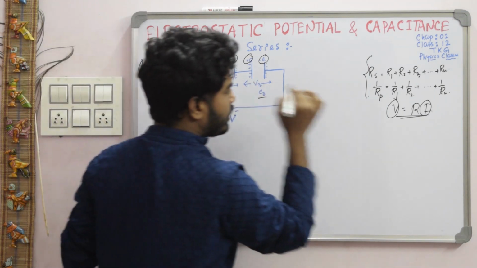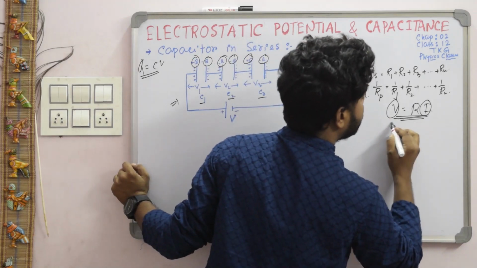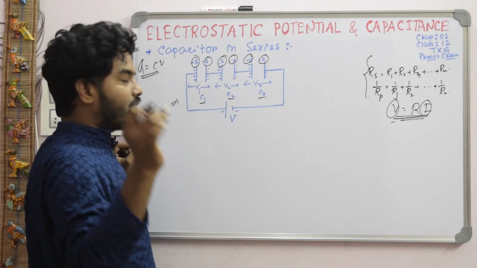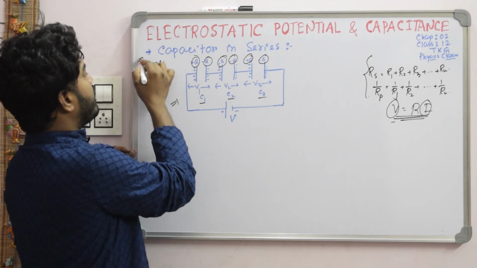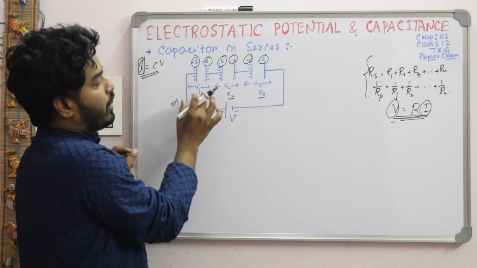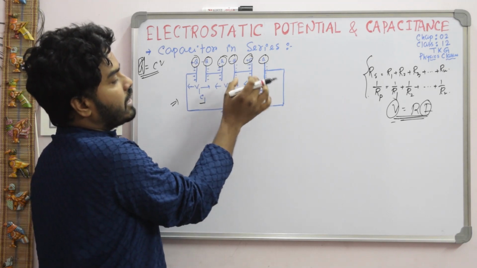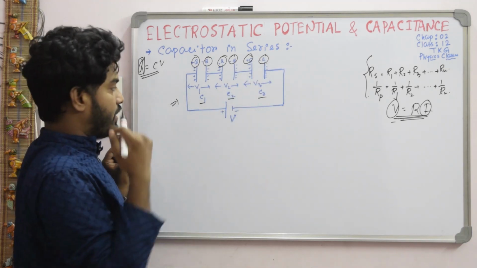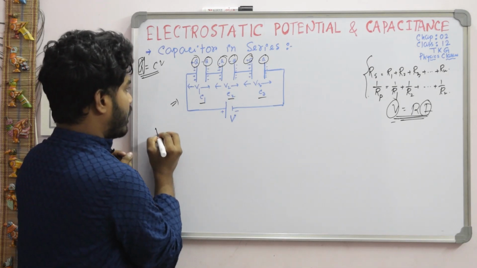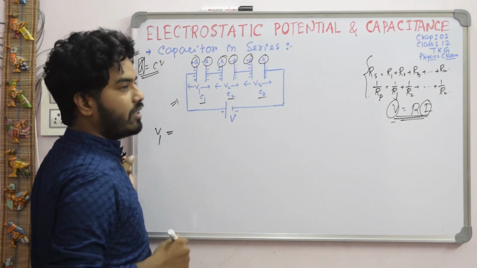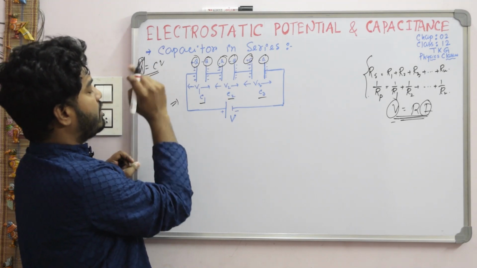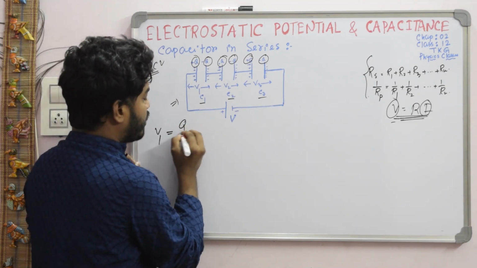For series combination of resistances, we use V equal to Ri. Here we use Q is equal to CV. And for series combination, Q is equal, and the potential for every capacitor is different. So what is the potential across each capacitor? Write it down first. Potential for the first capacitor, V1, you know the formula Q is equal to CV, so V is equal to Q by C, that is V1 is equal to Q by C1.